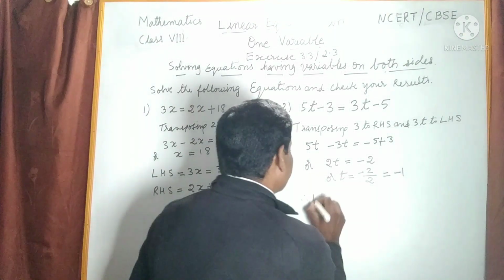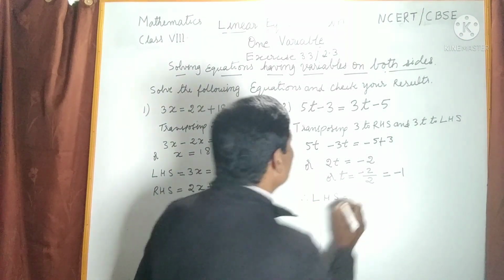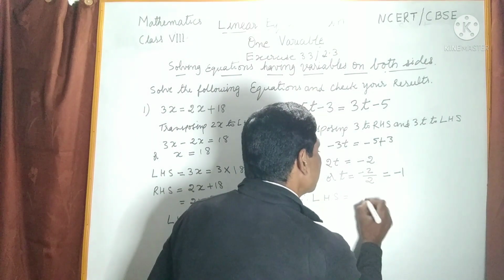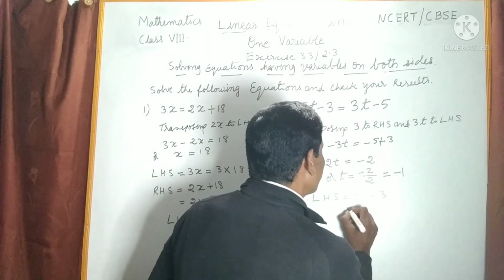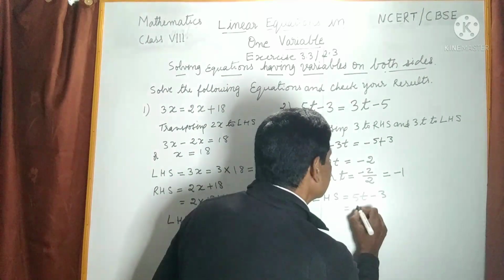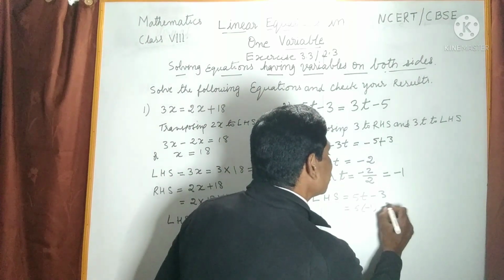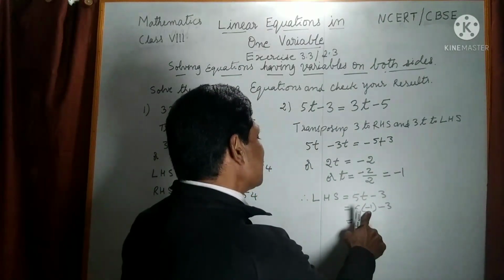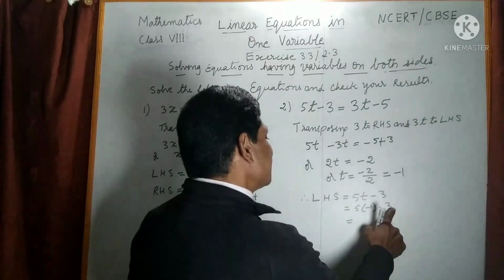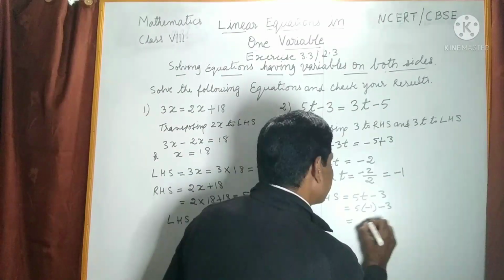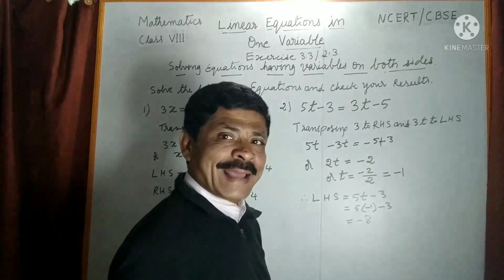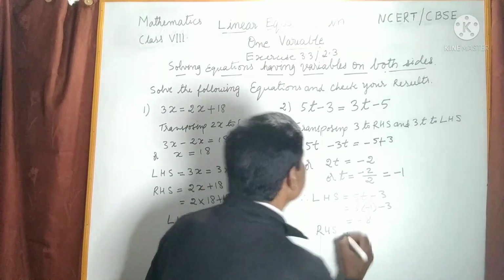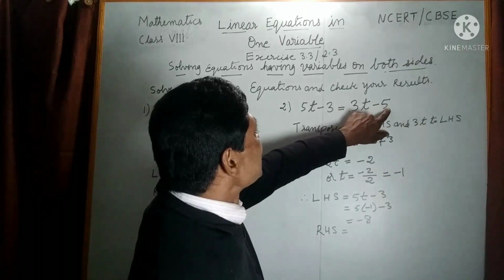Therefore, LHS is equal to, let us write, 5t minus 3. This is equal to 5 into minus 1 minus 3. This is equal to 5 into minus 1 is minus 5, minus 3 is minus 8. And RHS is equal to 3t minus 5.